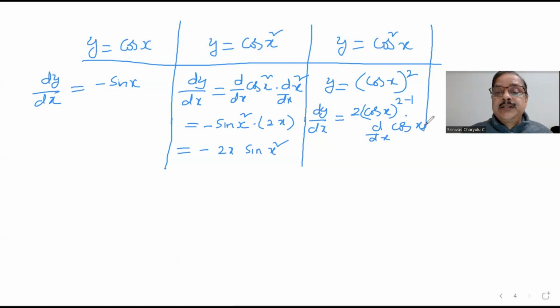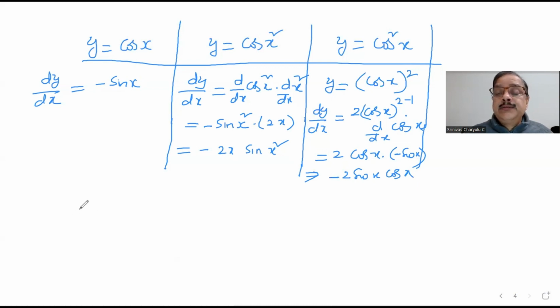Again, we have to differentiate the inner function also. So this becomes 2 cos x into minus sin x. Therefore, minus 2 sin x cos x. Please note down the difference between y equals cos x square and cos square x.